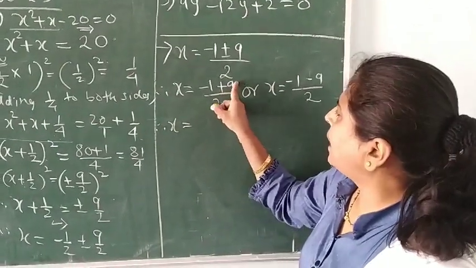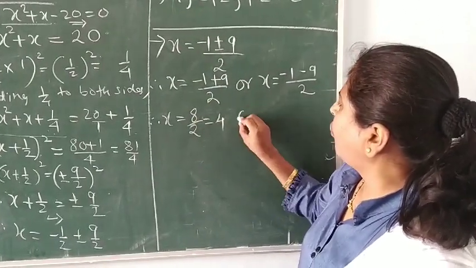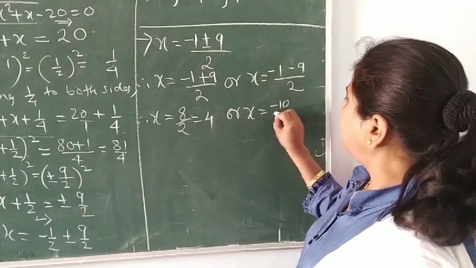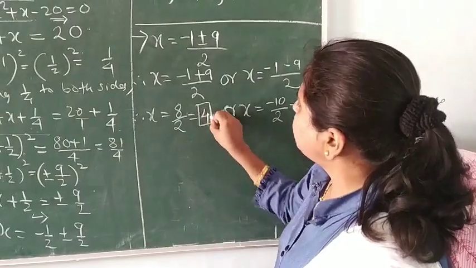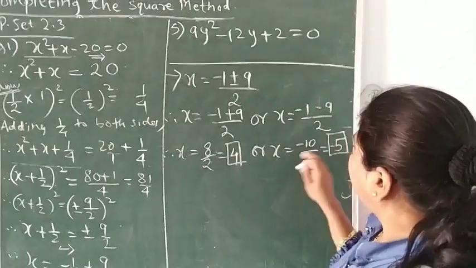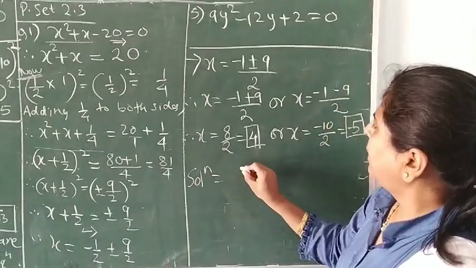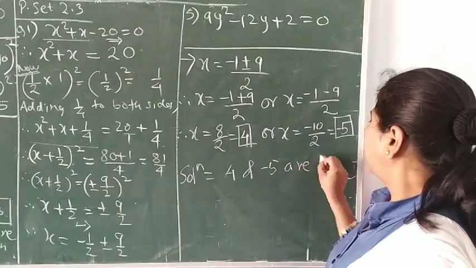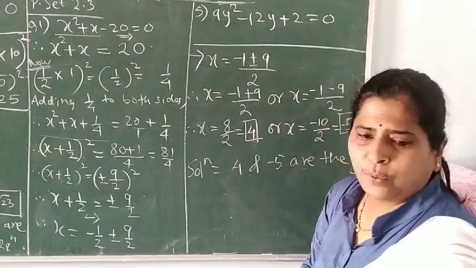So x is equal to 9 minus 1, that is 8 upon 2, is equal to 4. Or x is equal to minus 1 minus 9, which will become minus 10 upon 2, that is minus 5. So you have got these two values of x. Both values will satisfy your equation. So your solution is 4 and minus 5, which are the solutions of the given quadratic equation.